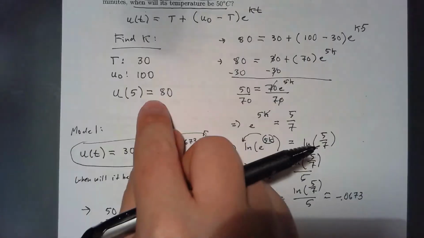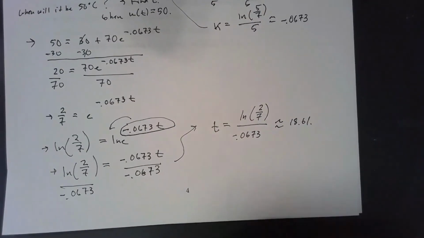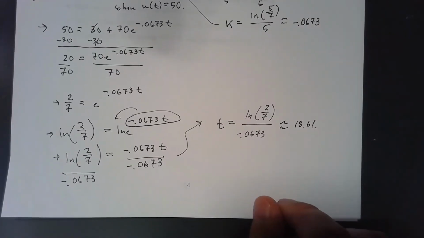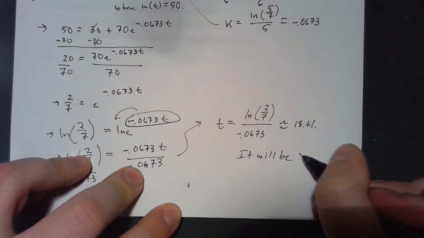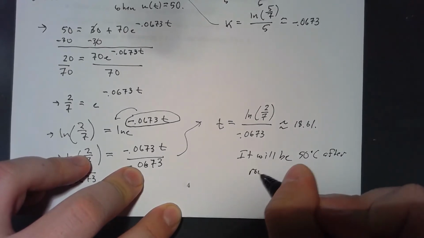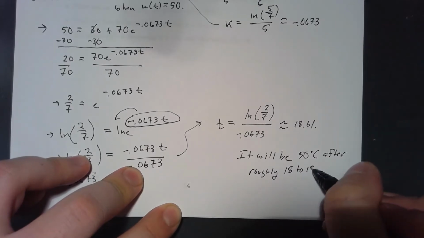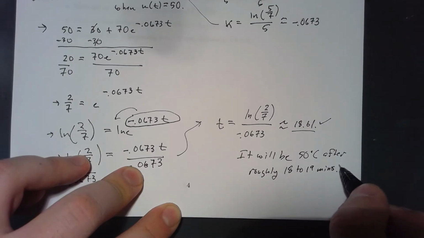So it'll become 50 degrees after 18 minutes, and so roughly 18, 19 minutes, it will be 50 degrees Celsius after roughly 18 to 19 minutes because of that value right there.